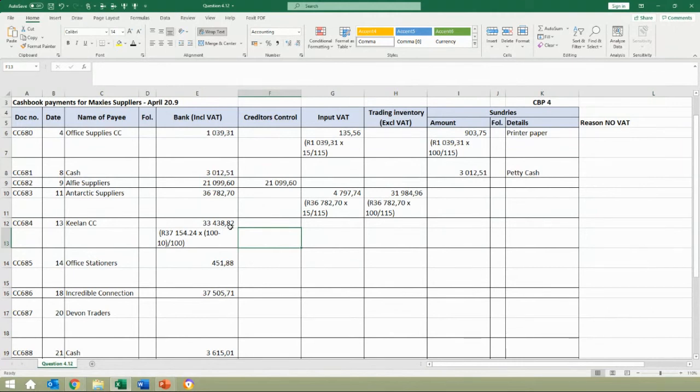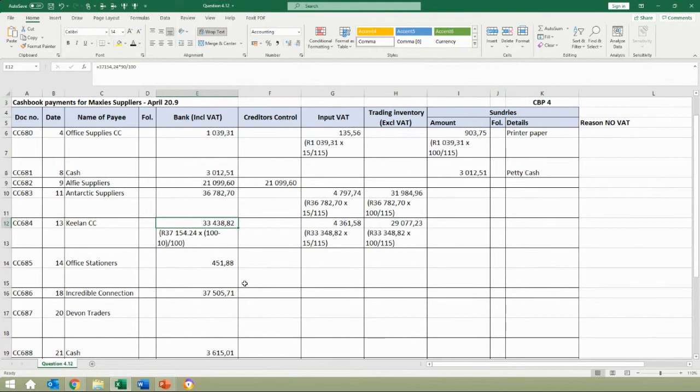Now, once you've worked out that amount, we do exactly the process we did here. Same thing we do for that transaction. So for this one, working out what your physical payment was is the difficult thing.